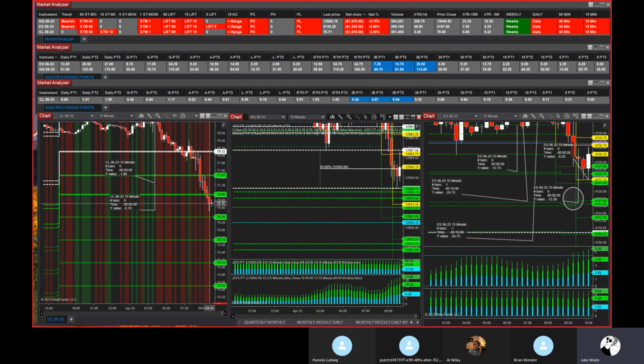And the market sure does seem like it just stopped. We're below the daily range. Got to the daily PT3 and a little bit more and stalled out at 70 cents below the regular range.